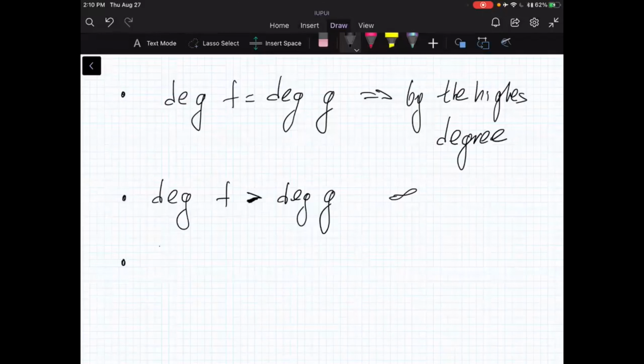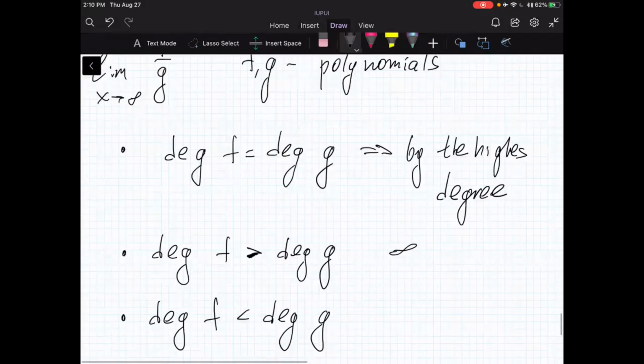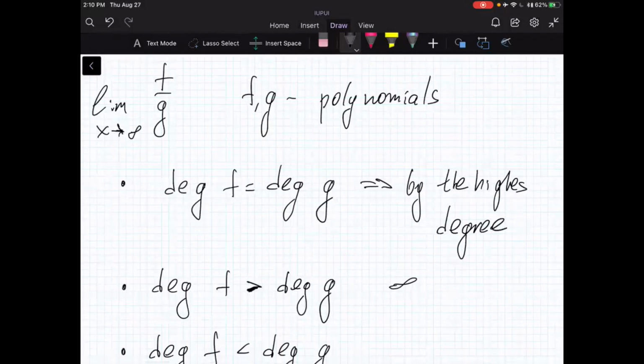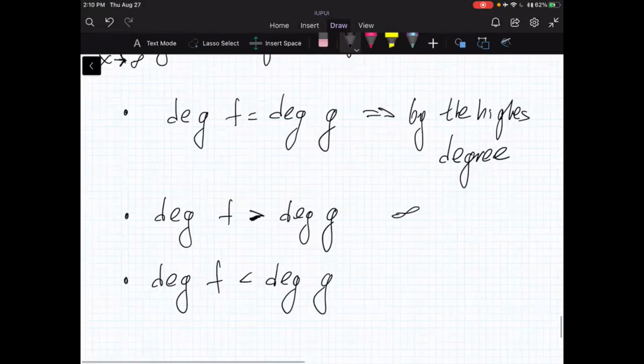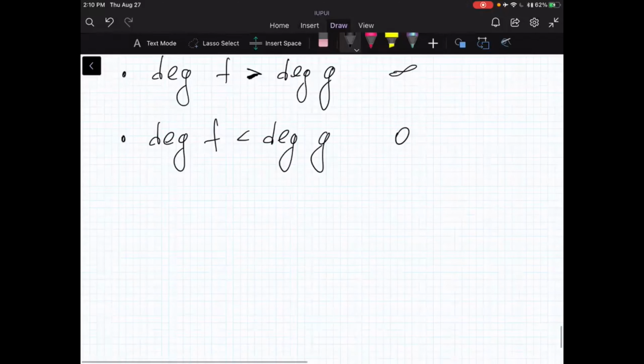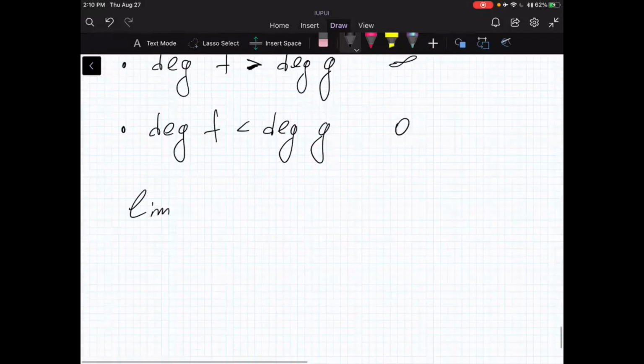And in the other case, when degree of f is less than degree of g, so in this case, denominator is greater than numerator, then your limit will be 0. And here's an example: consider the limit of 3x plus 2 divided by x squared minus 1 when x goes to, say, infinity.